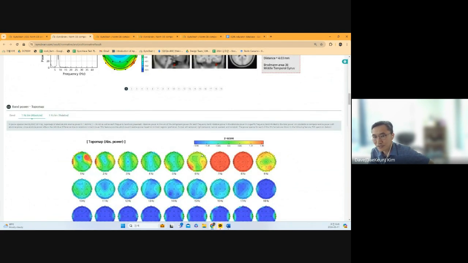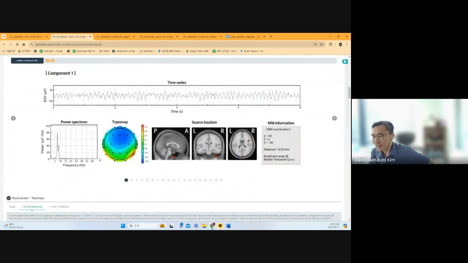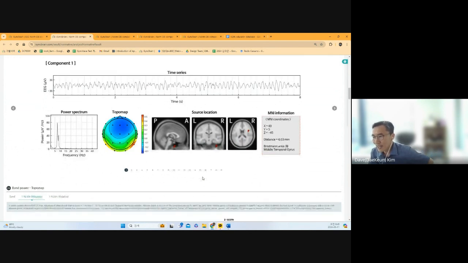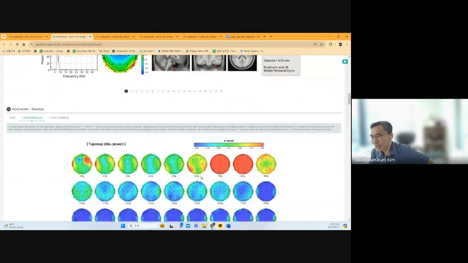In the source, the left is a little bit of a problem, but in the component we can see a lot of temporal theta activity starting, and temporal alpha is also there, and some small frontal slow activity source.